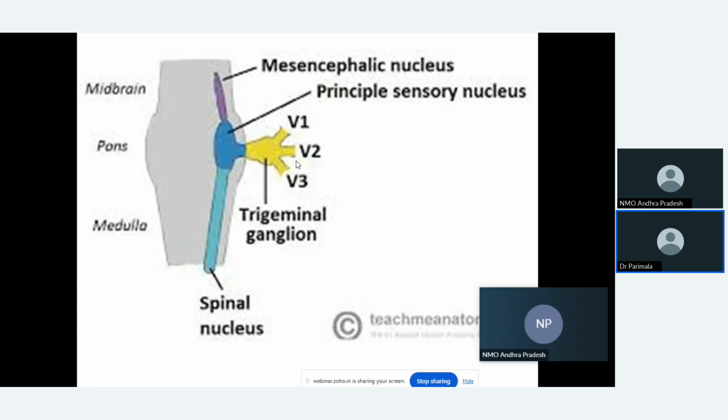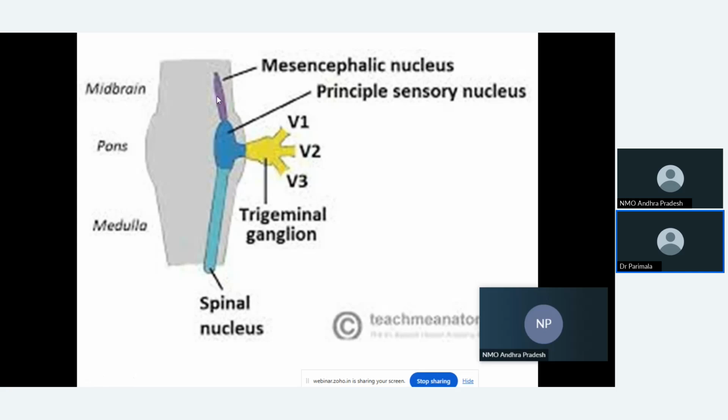We have a second sensation, that is pain and temperature. So pain and temperature from any of these three areas, ophthalmic, maxillary, mandibular, will go to the spinal nucleus of the trigeminal nerve, which is located in the medulla. In the same way, proprioceptive information from any of these, muscle and joint position sense from any of these regions, will go and relay in the mesencephalic nucleus of the trigeminal nerve.